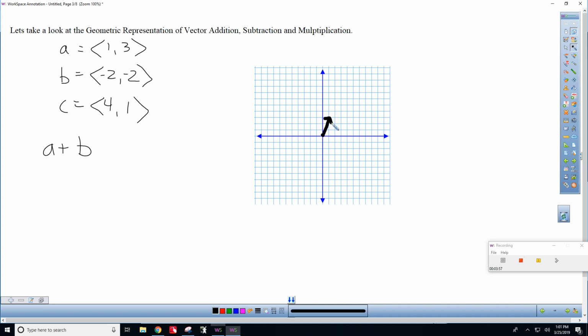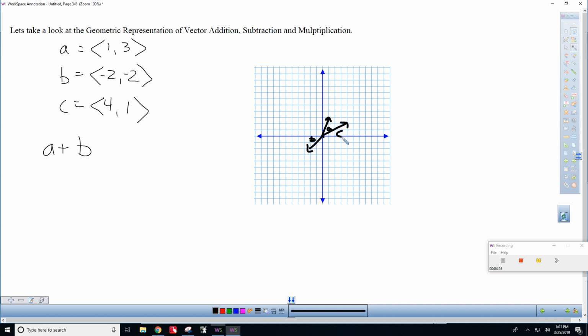Alright, not bad. So that's A. I don't like it, it's too thick. Let's try this one. So there's A. And B is -2, -2. So there's B. And C is 4, 1.